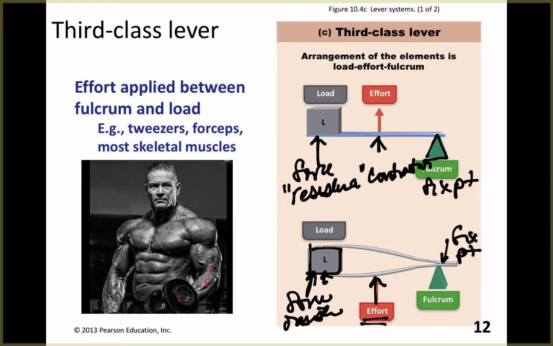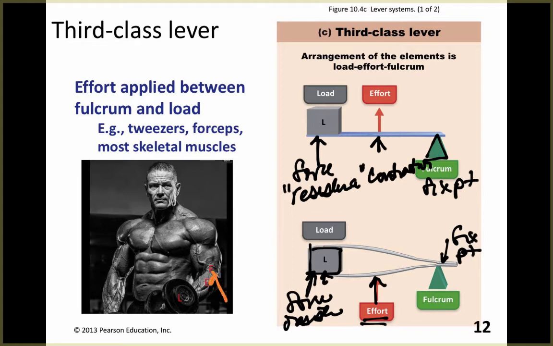So essentially, an example of this third class lever is when you're talking about actually doing a bicep curl. And basically, if you look, let me get a different color here.